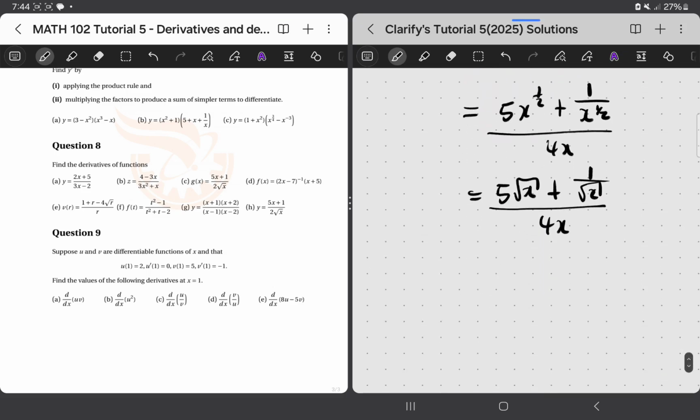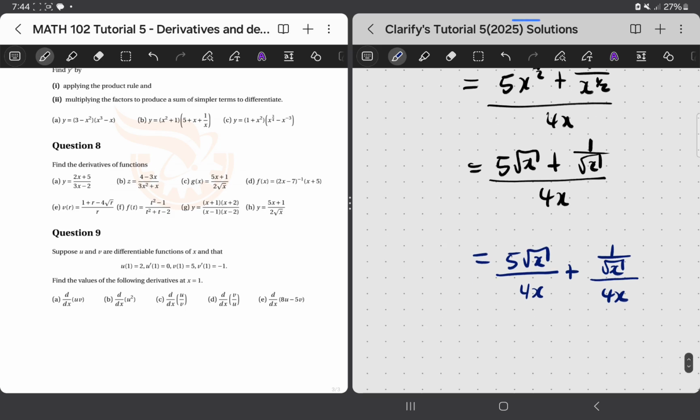So we could have it like this, which we know that we can separate things. You could have 5 root x all over 4x plus 1 over root x divided by 4x, where we have a fraction being divided by something. It will be equal to 5 root x divided by 4x plus 1 over root x times 1 over 4x.